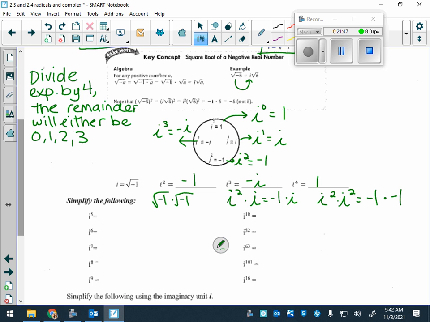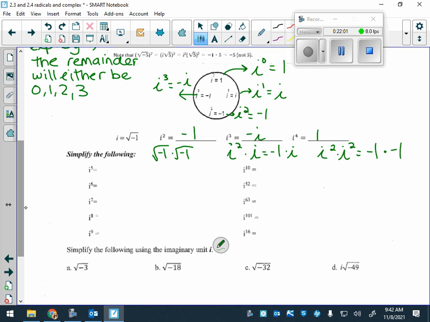Your remainder will either be 0, 1, 2, or 3. So the first couple I'm always going to refer to its equivalent. However, we don't even have to do that part. You should know it's either going to be 1, i, negative 1, or negative i.